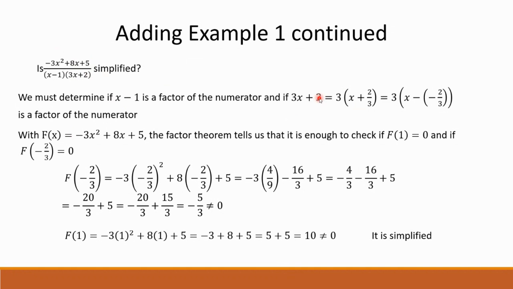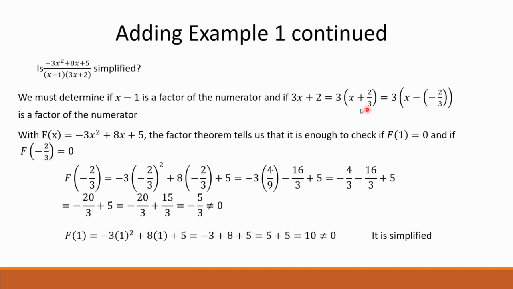For the other factor, notice what I did was I rewrote it as this, mostly to apply the factor theorem. The coefficient of x here, we need that to be 1 if we're going to use the factor theorem.